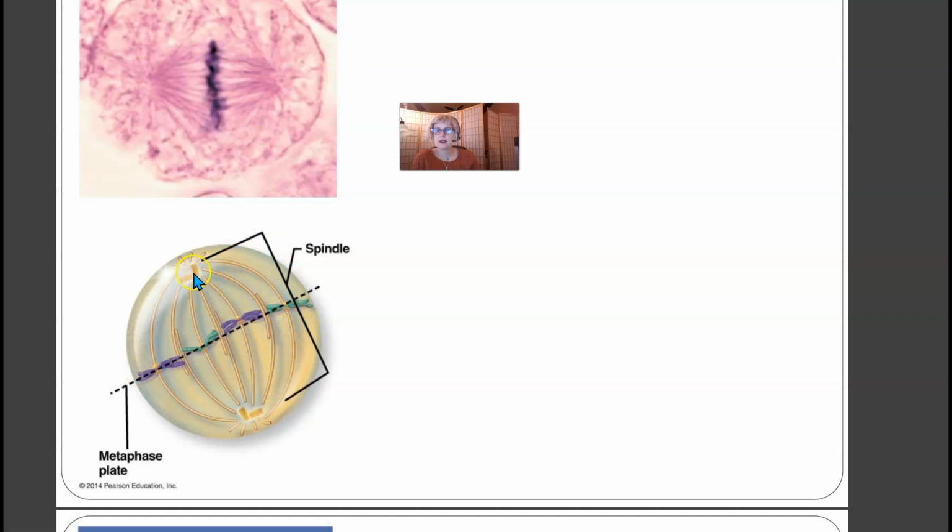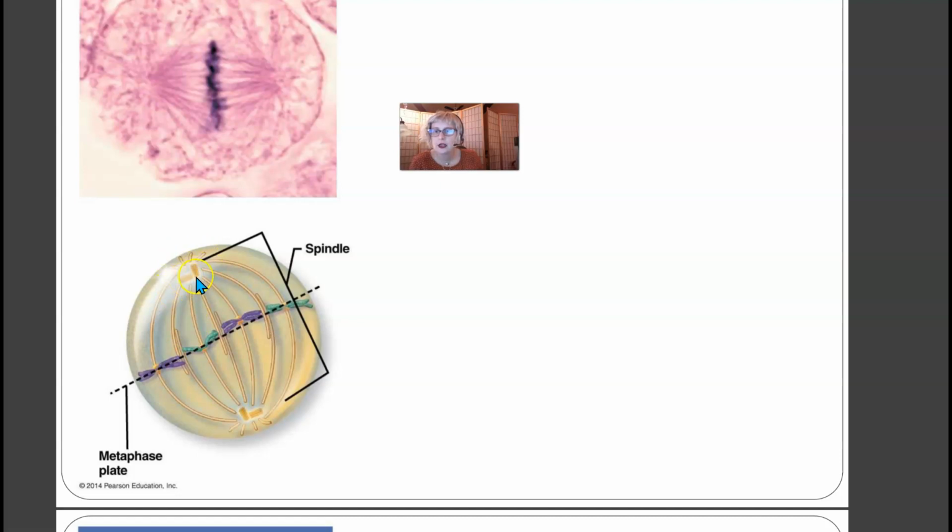And don't forget, the structure holding the two sister chromatids together to make up a chromosome is called the centromere. Do not confuse centromere with centrosome and centriole, which are the 90-degree cytoskeletal structures.